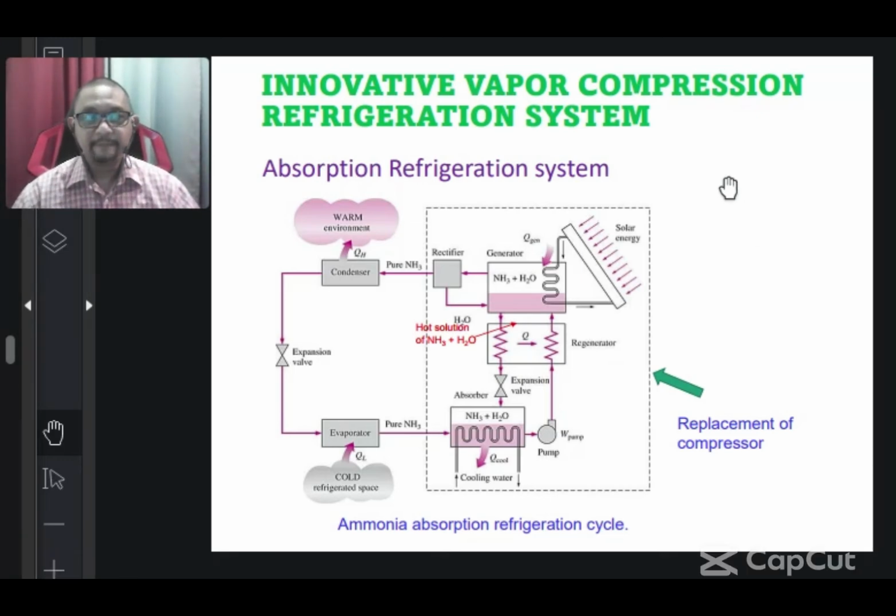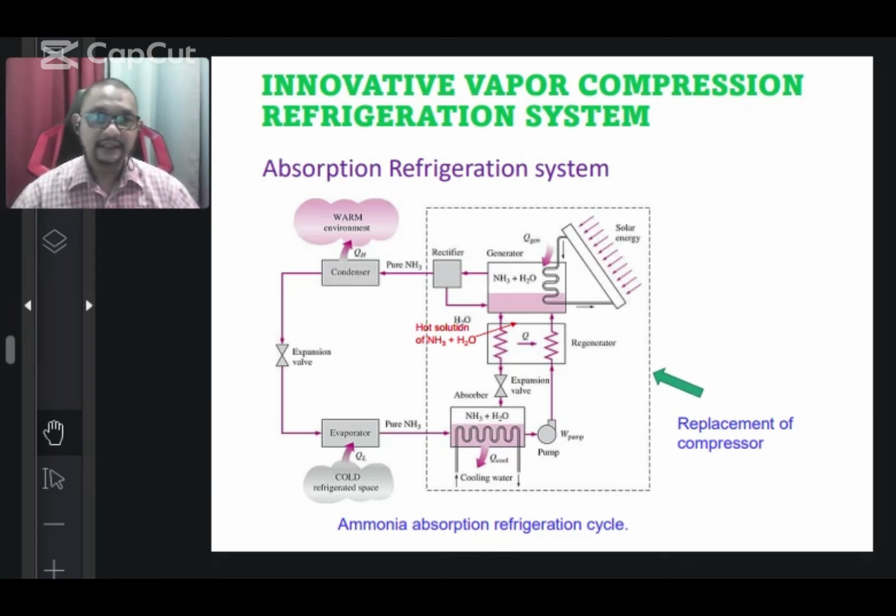So the name of this absorption refrigeration system involves the absorption of a refrigerant by a transport medium. Okay, so the most widely used absorption refrigeration system is, for example, the ammonia-water system, where ammonia serves as the refrigerant and water as the transport medium.